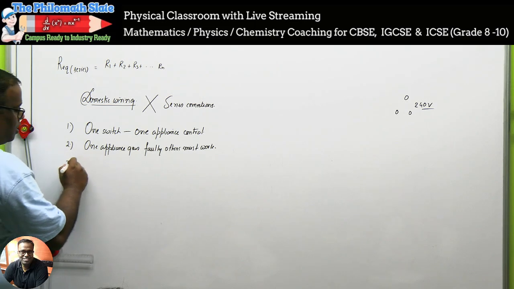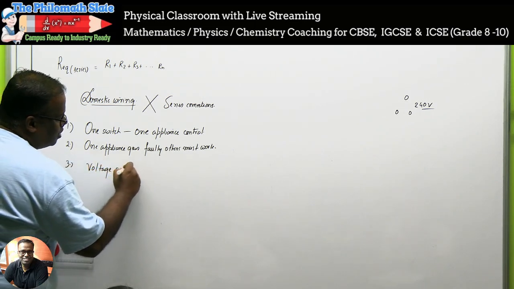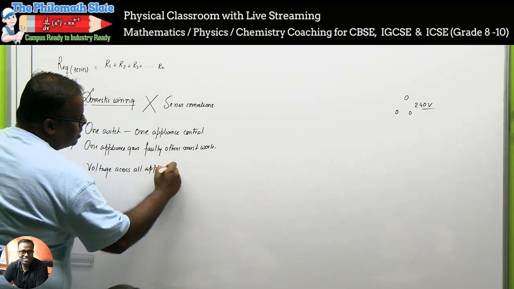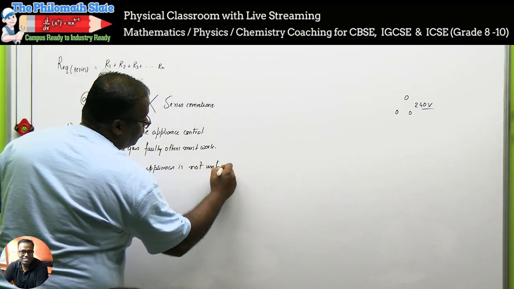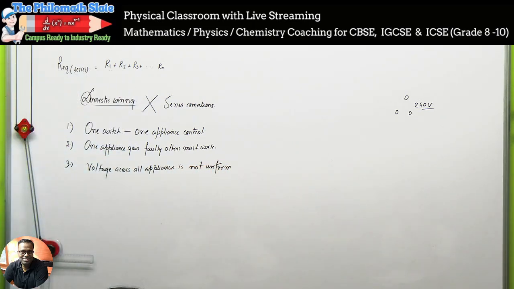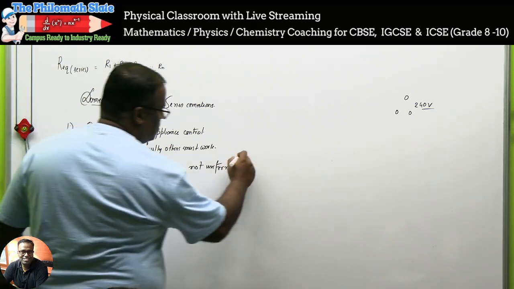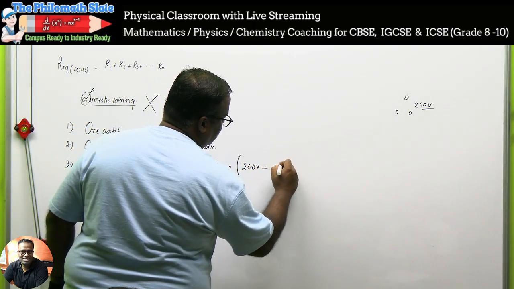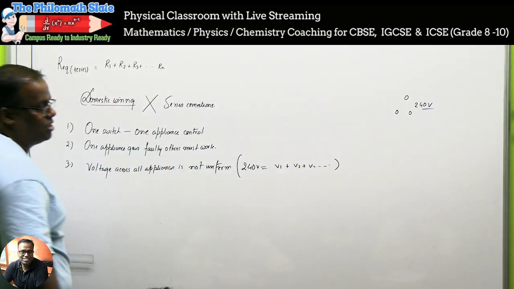Number 3, voltage across all appliances is not uniform. Today, whether you are running a toaster or a computer or anything, everybody is getting 240 volts. You cannot get it in series, because series में क्या हो जाता है? Your 240 volts will get split into V1 plus V2 plus V3, whatever it is. You don't get constant voltage.